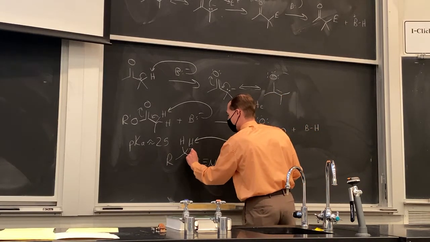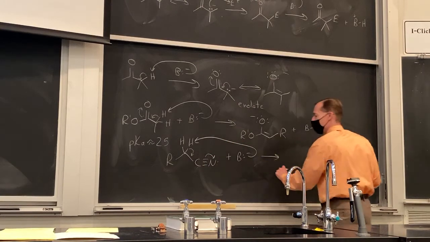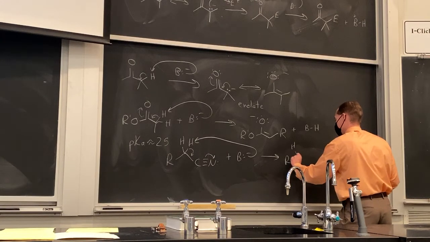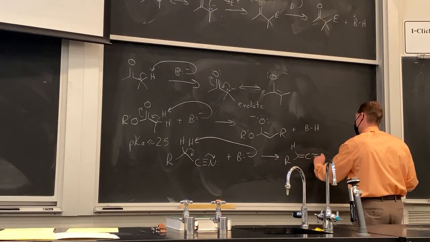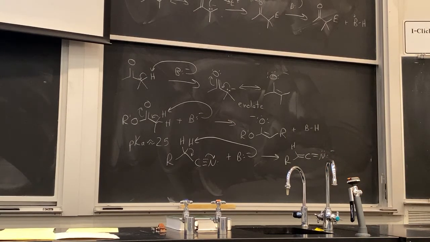So we can deprotonate alpha to the nitrile. And I'm just drawing the major contributor for you, which is going to be this cumulated diene structure with a negative charge on nitrogen. This is also resonance stabilized. I skipped the minor contributor.